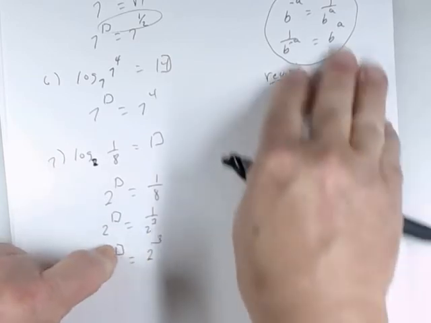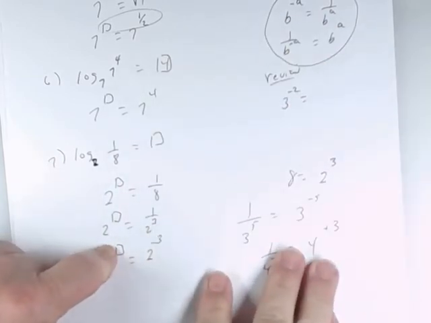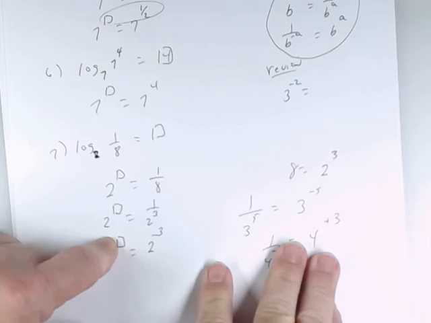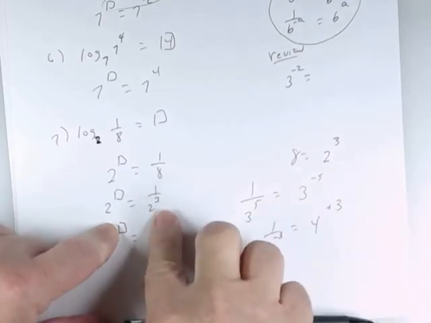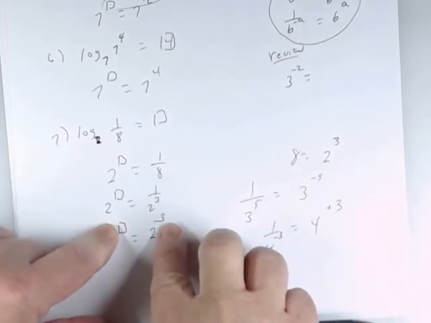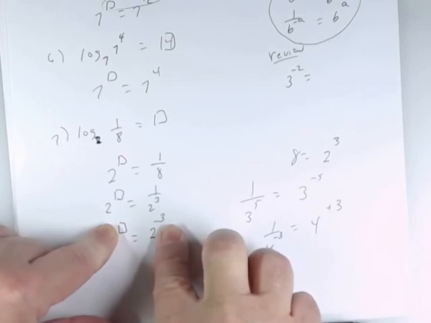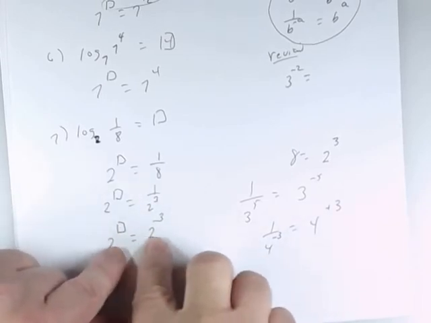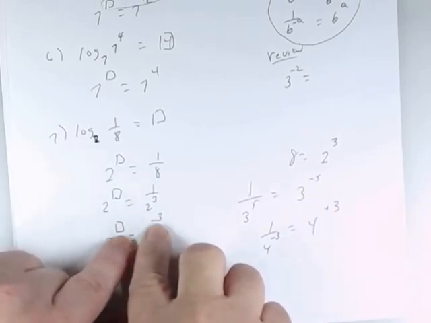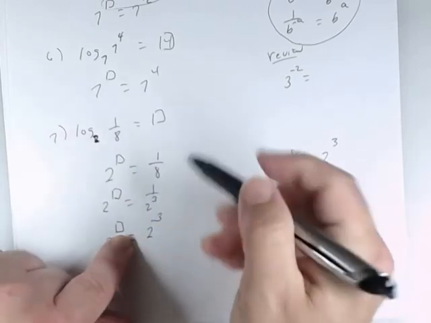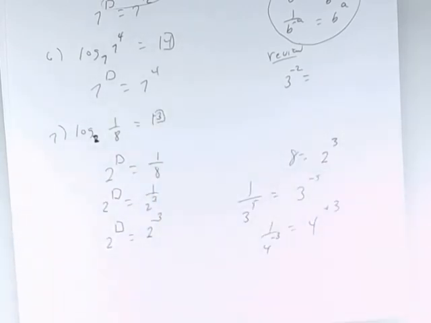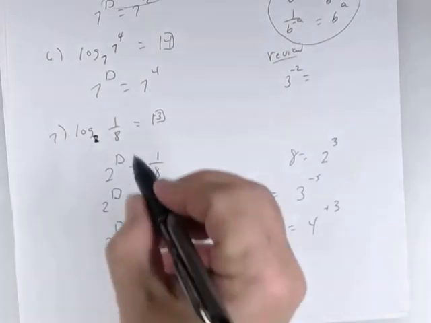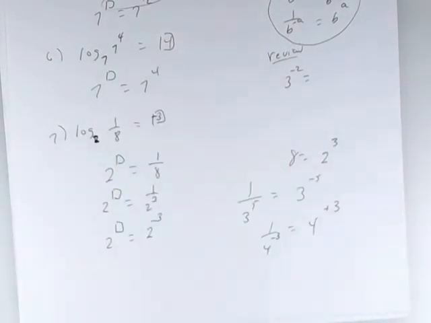But I know from experience that 1 over 2 cubed is 2 to what power? -3rd. So now the bases are the same, so the exponents have to be what? The same. -3.